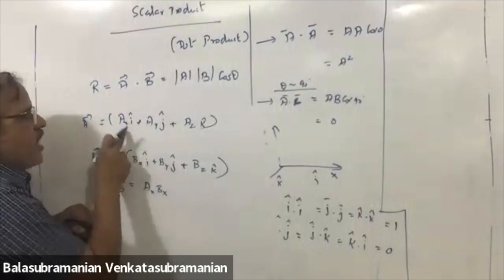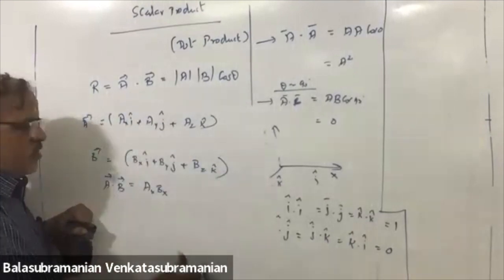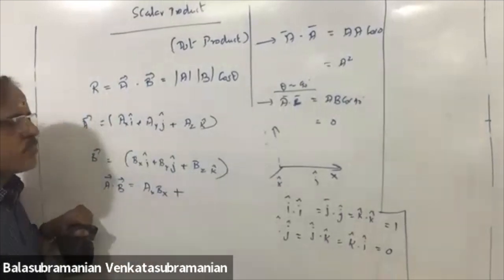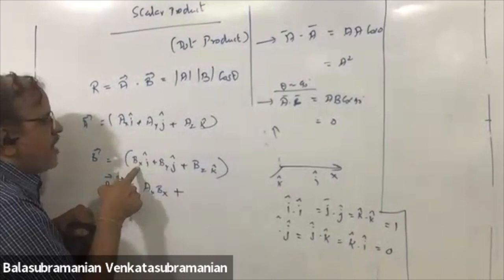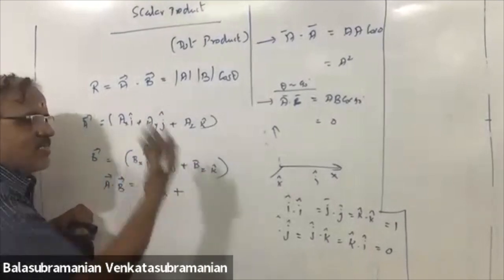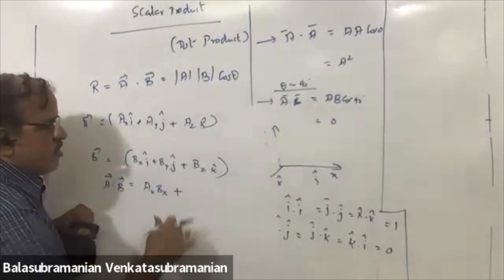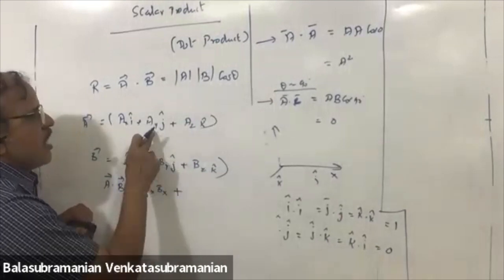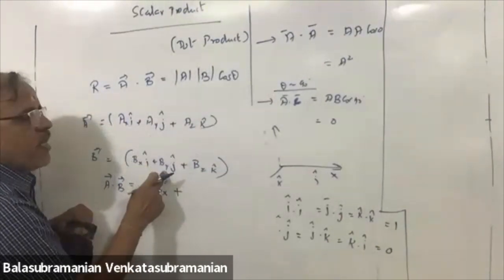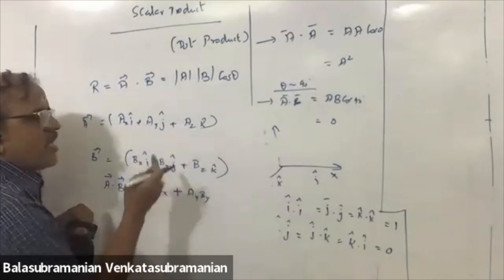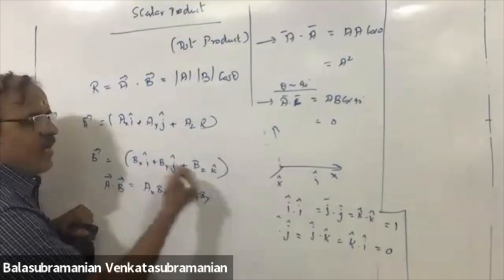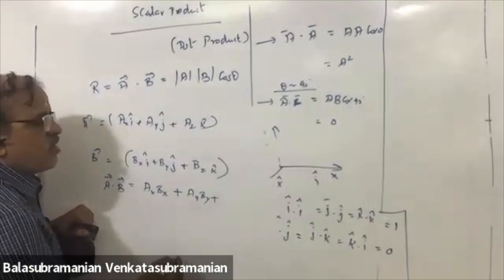I dot J, I dot K are 0. AY J dot BX I, J dot I is 0. AY J dot BY J gives AY BY, because J dot J is 1, remaining two quantities 0.